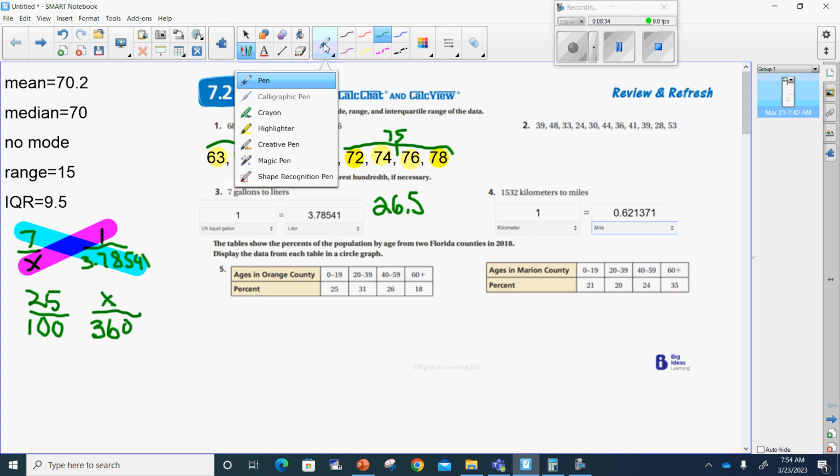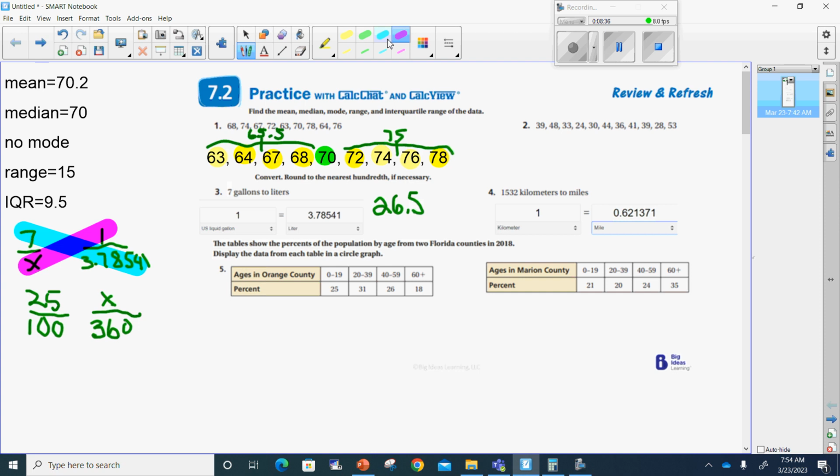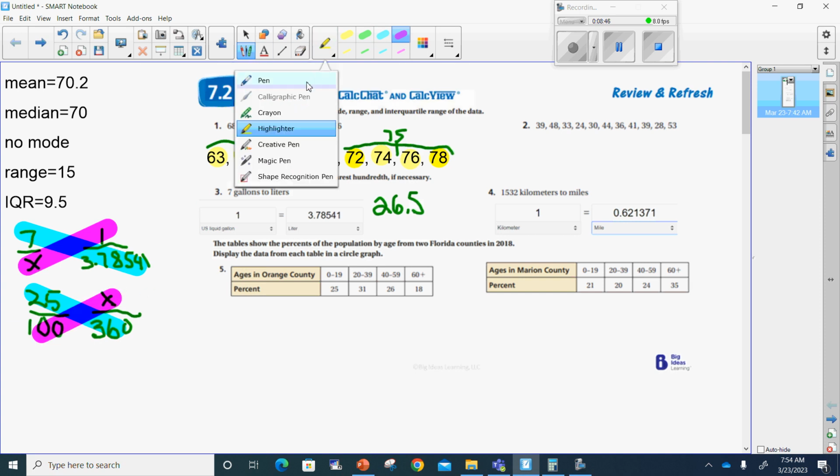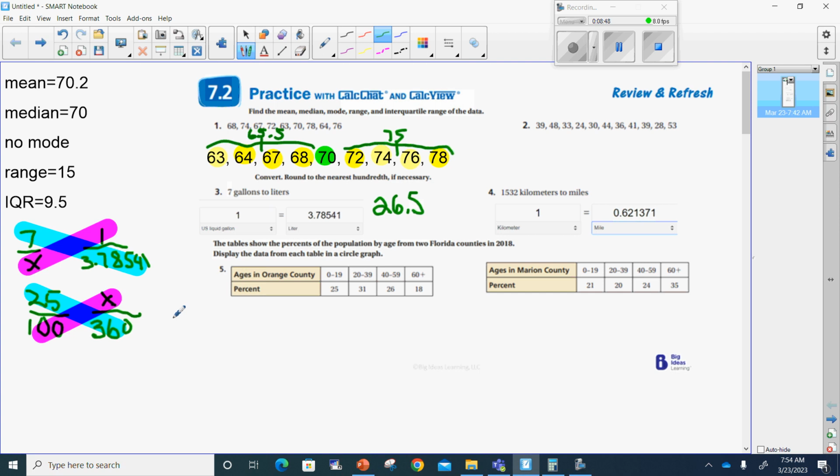So once again, I'll be cross multiplying. I'm going to take 25 and multiply it by 360. That has to be equal to 100x. So 25 times 360 equals 100x.